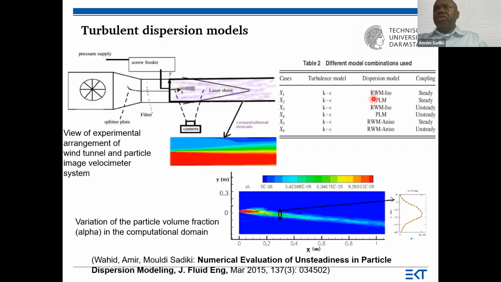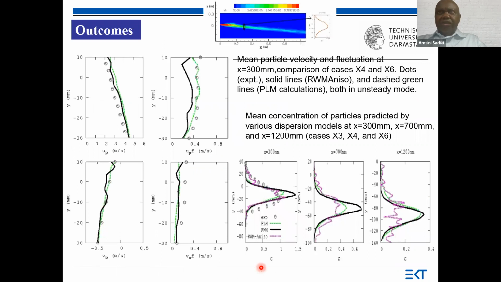by using, naturally, different dispersion models. So we use the Langevin model, the reduced isotropic model, and the anisotropic model. The flow model was the k-epsilon model, and it was a paper we published in 2015. So we could see the difference here. I will focus on this first.